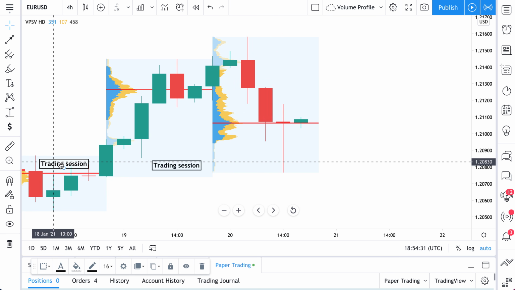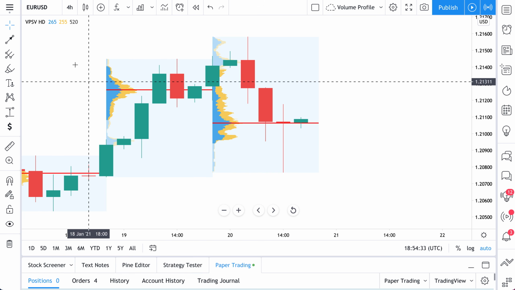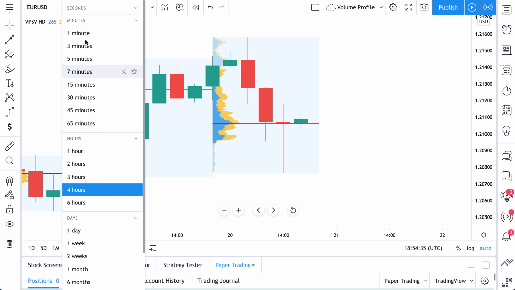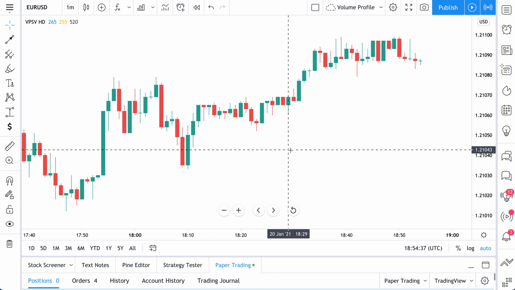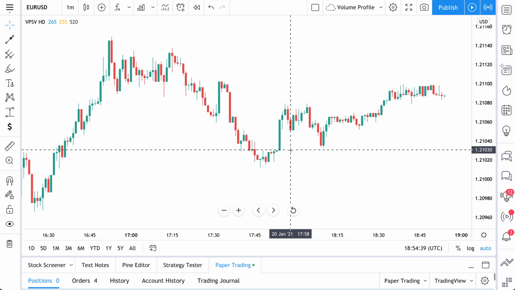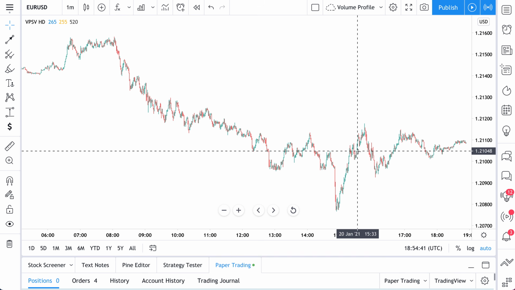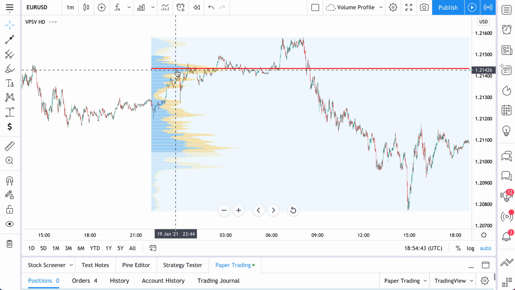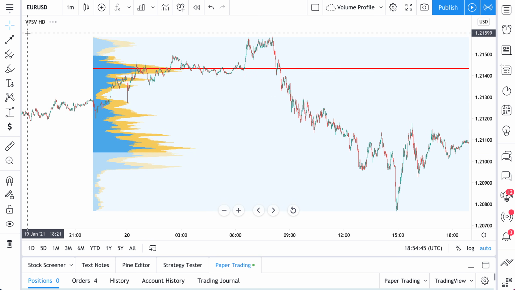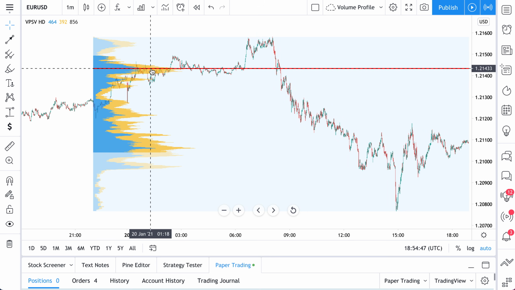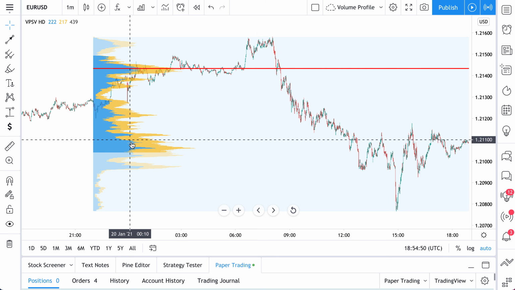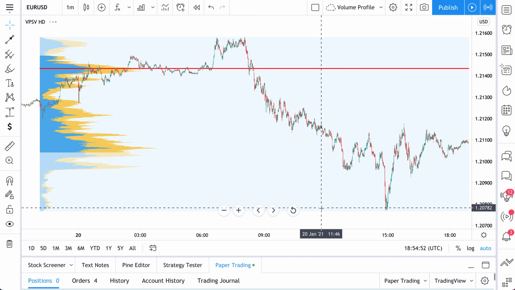Okay, so if you really wanted to do some short-term trading, maybe you wanted to go all the way down to a 1-minute chart. Remember, just for entertainment and educational purposes. Well, now that we're on a 1-minute chart, we have our Session Volume HD. HD means that it's going to dynamically adjust to show us more and more detail the more we zoom into the chart.